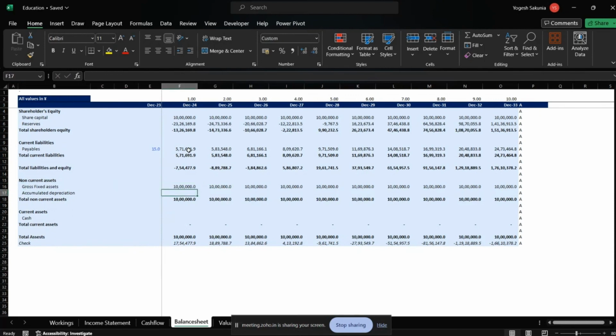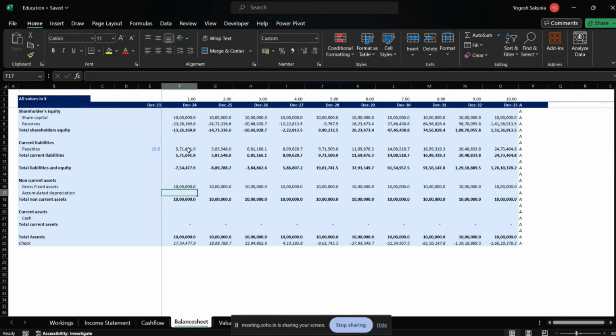The next thing is the depreciation. Again, we've not been given any information about the depreciation, but we are assuming that the life of the asset is 10 years. So each year you will have 1 lakh rupees of depreciation.